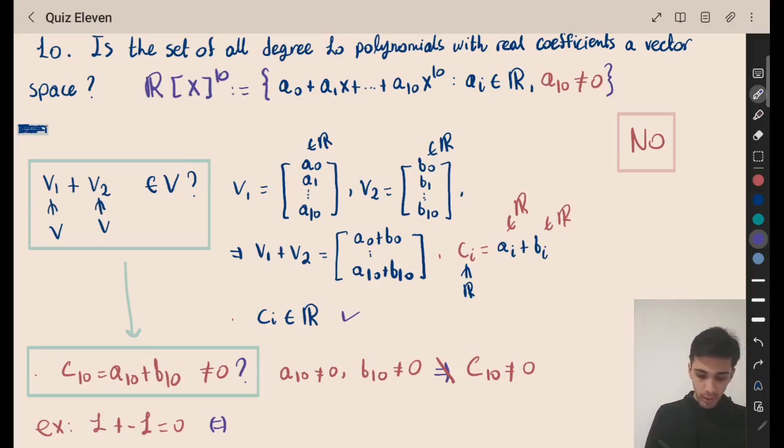Simply choose a polynomial, just x to the 10, and choose another polynomial, which will be minus x to the 10.